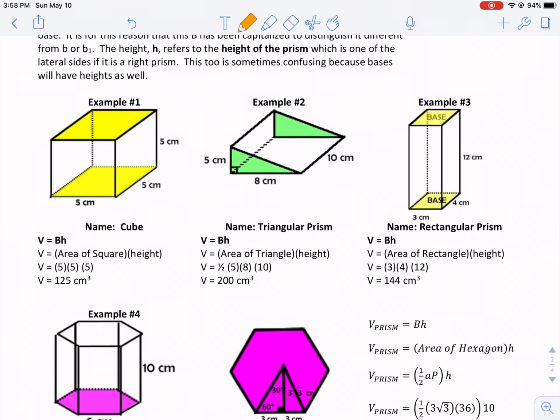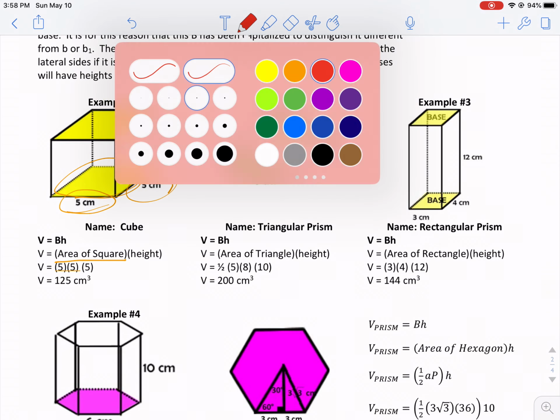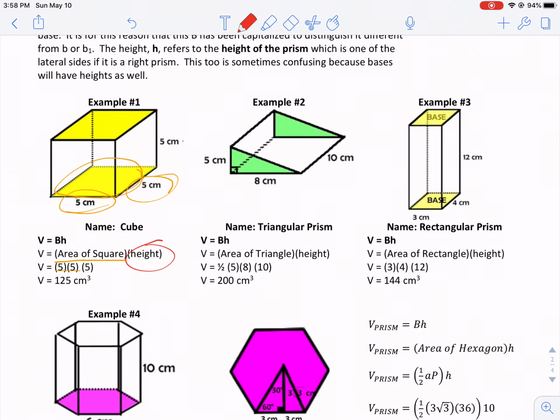So the area of the base right here, it's a square, so they take the area of a square. Well, that's 5 times 5, which is that part right there. Then they multiply that by the height, which is 5. Multiply that all out, they get 125.